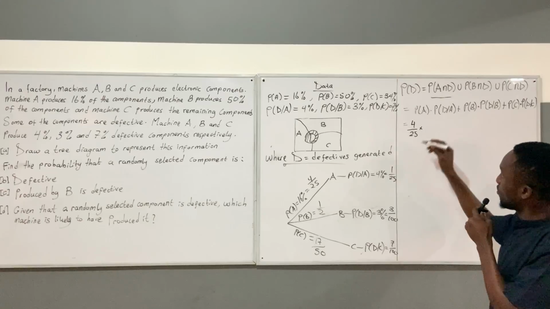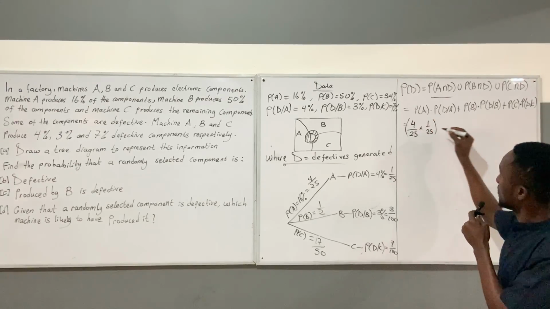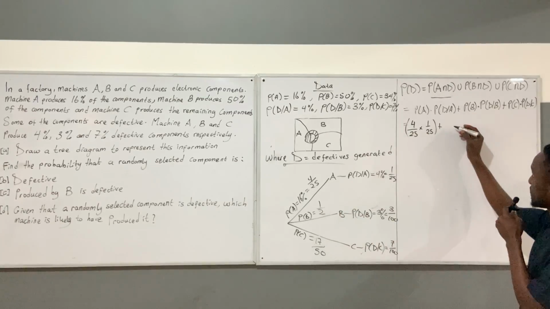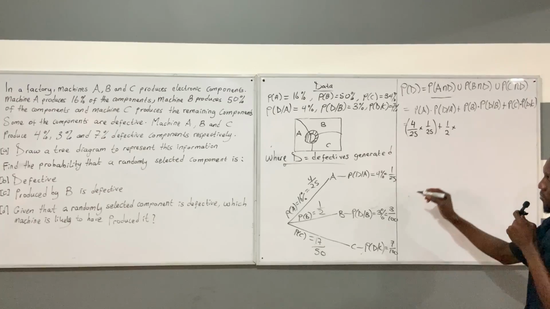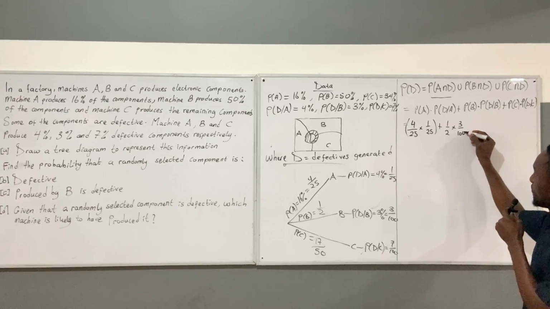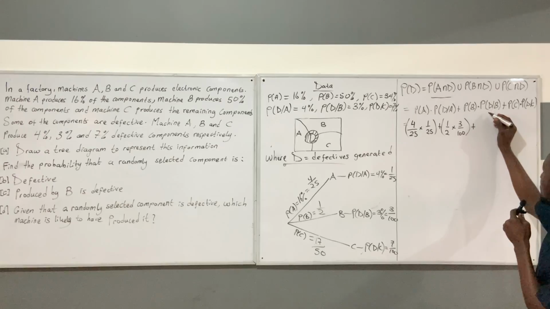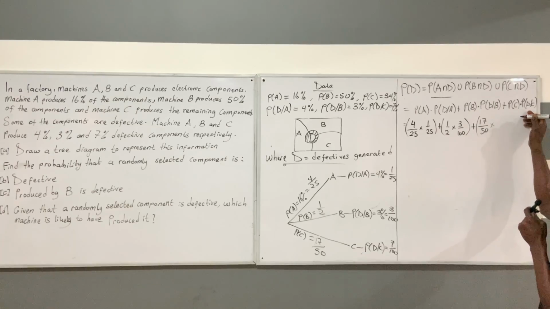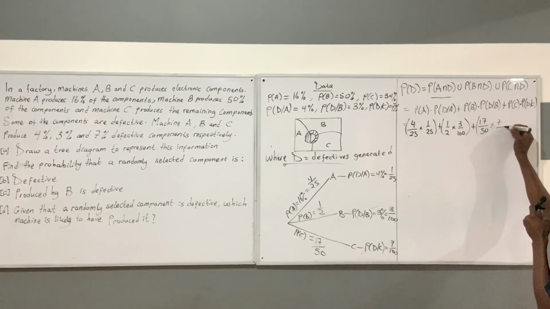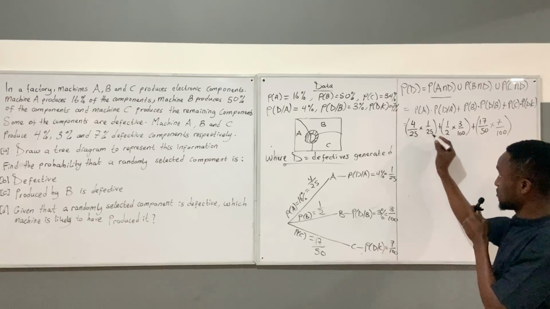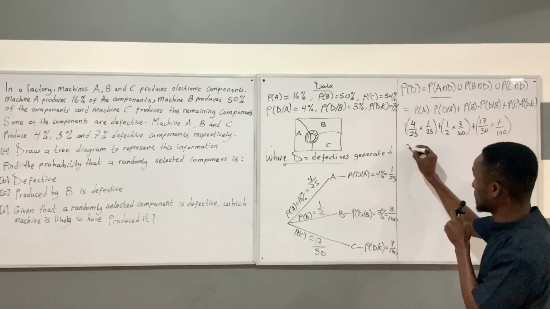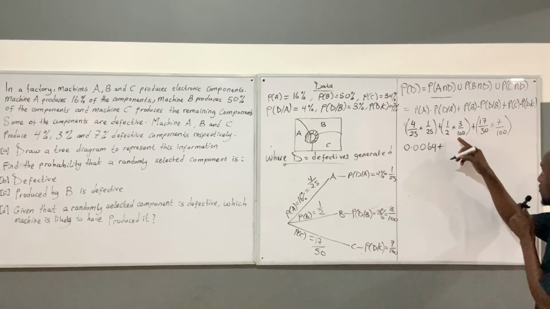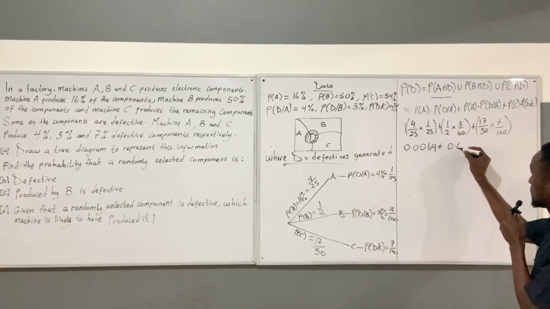We have 1 over 25 this side, plus probability of B gave us what? 1 out of 2 times its conditional probability 3 over 100, plus we have probability of C, which is 17 over 50 times conditional probability, giving us 7 over 100. Now when you punch this on your calculator, run it to 4 decimal places, we have 0.0064. Okay, plus when we do this, we have 0.015.